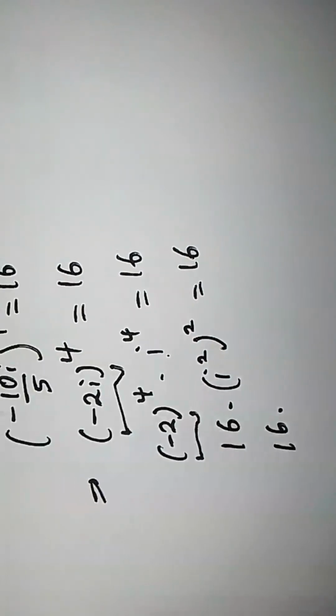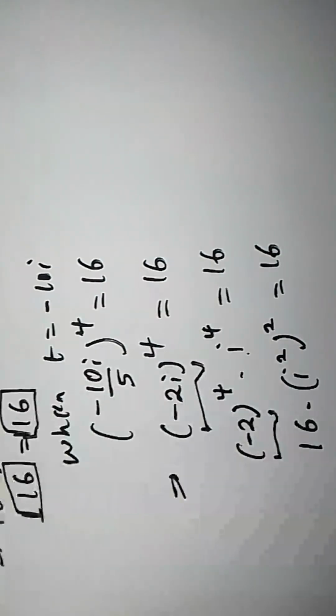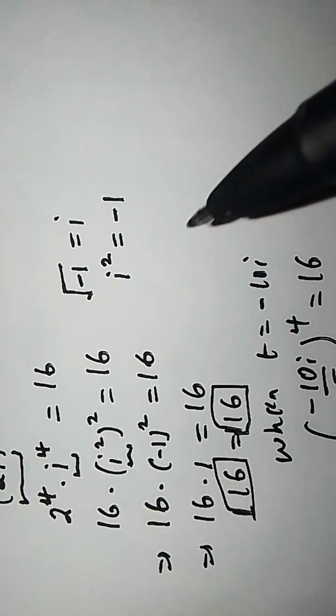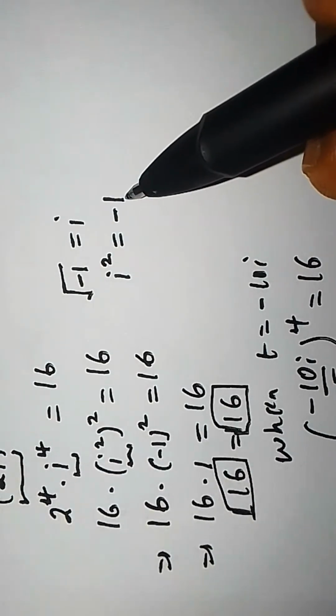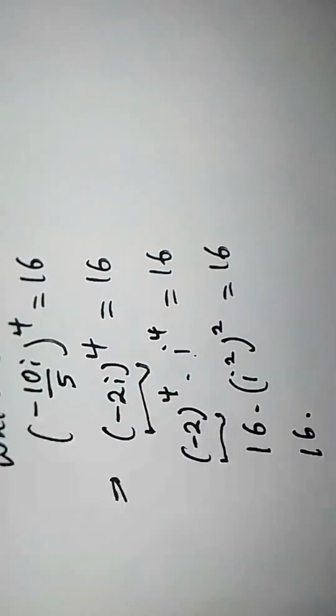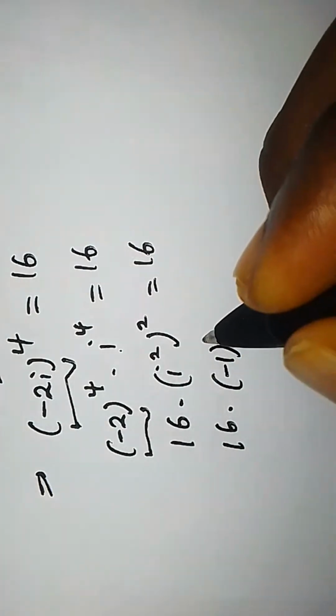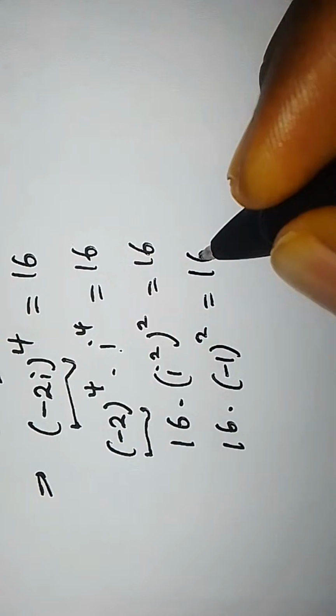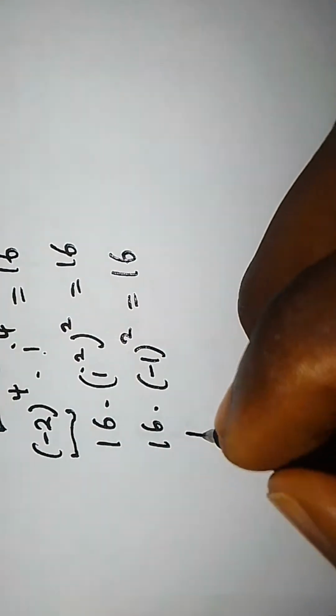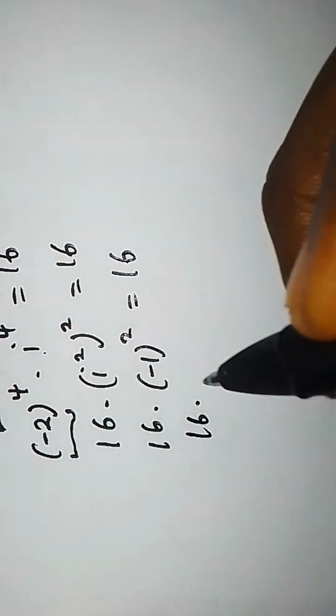Don't forget earlier, i squared is equal to negative 1. So we have negative 1 here, all to the power of 2 equal to 16. 16 times (minus 1) all squared is what?